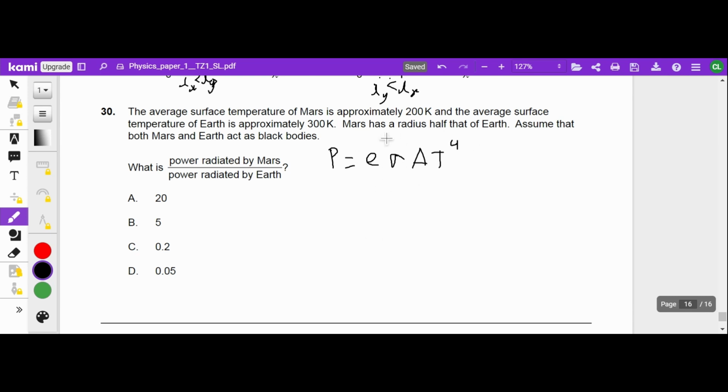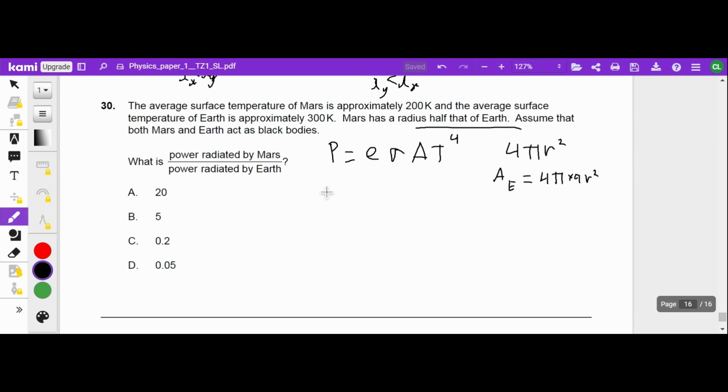Mars has a radius half of Earth, so Earth has twice the radius. Because it's a sphere, we use the surface area, which is 4 pi r squared. So the area of Earth is 4 pi times 4 r squared, because Earth has twice the radius of Mars.